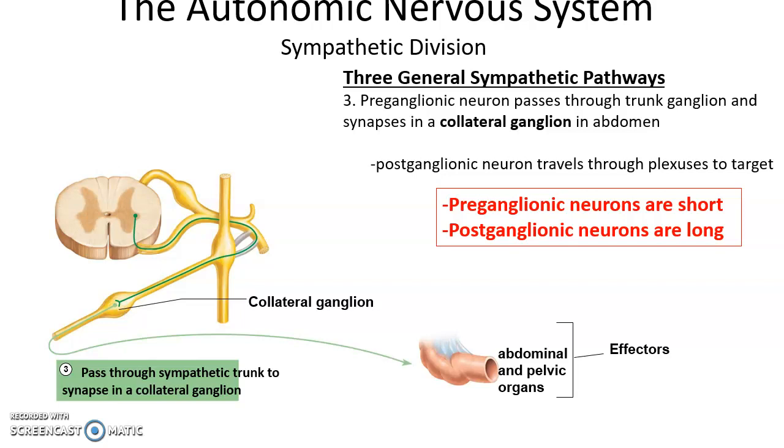So there are a lot of collateral ganglia where preganglionic motor neurons of the sympathetic division travel through the sympathetic trunk ganglion, keep going, and then enter the collateral ganglion and synapse with a postganglionic neuron. That postganglionic motor neuron will then travel to the effector in the abdominal cavity or in the pelvic cavity and then control those organs and other structures. Three possibilities.